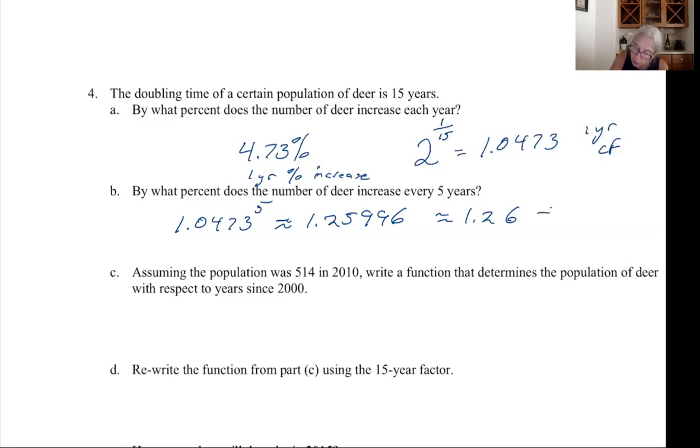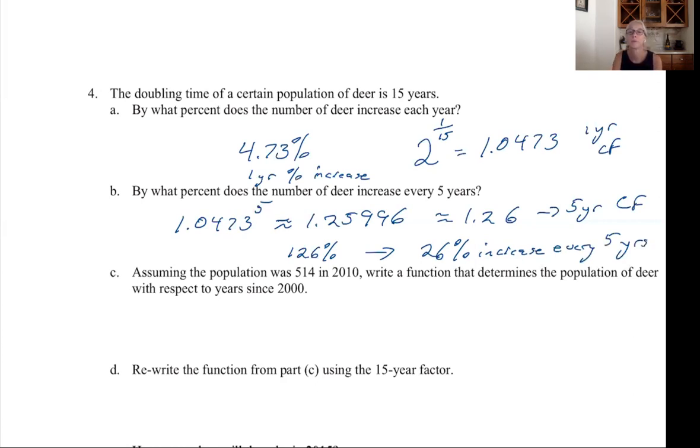That is now my 5-year change factor. So the population of deer is 126% of what it was before, which means I have a 26% increase every 5 years.